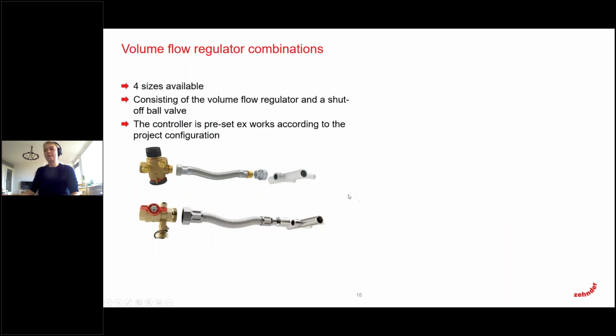So let's have a little bit of a closer look at our volume flow regulators. In total, we have 4 sizes available. The size depends on how big the volume flow in the panel is. They are actually volume flow regulator combinations. So they always consist of the volume flow regulator itself and a shut-off ball valve.